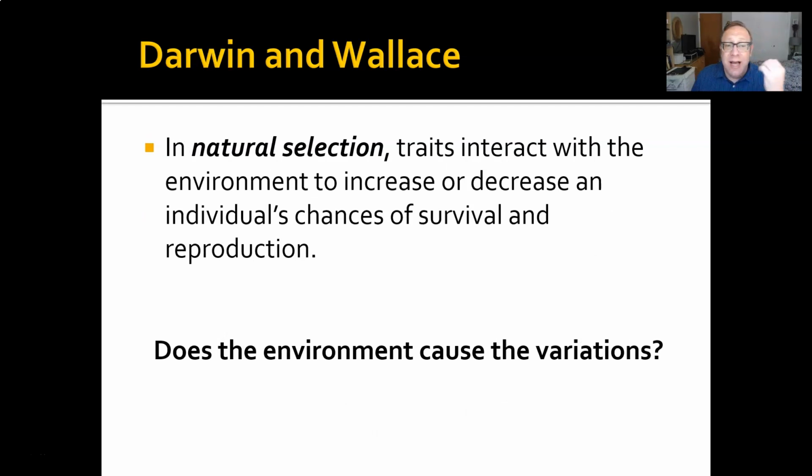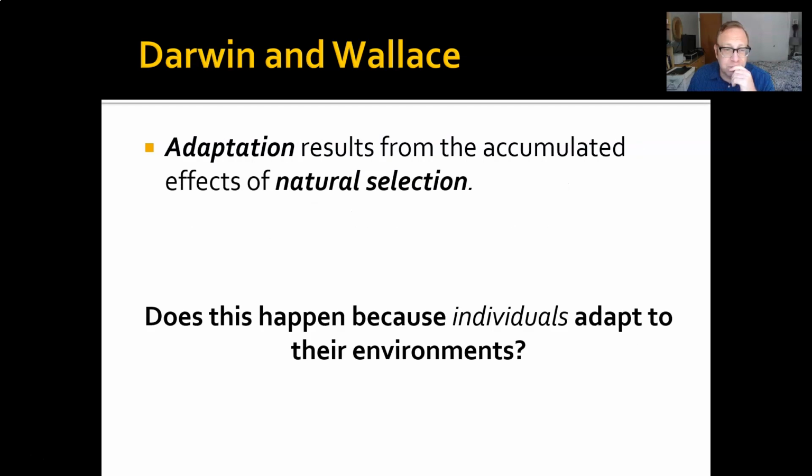Finally, in natural selection, traits interact with the environment to increase or decrease an individual's chances of survival and reproduction. Does the environment cause the variations? Think about that. Adaptation results from the accumulated effects of natural selection.